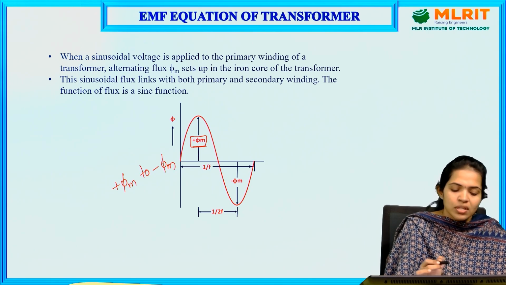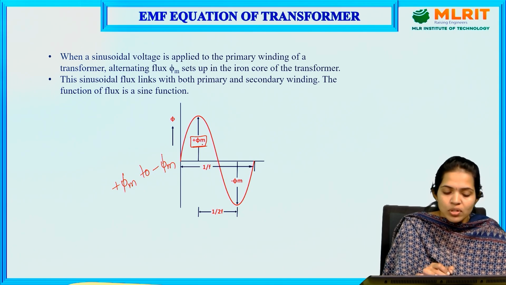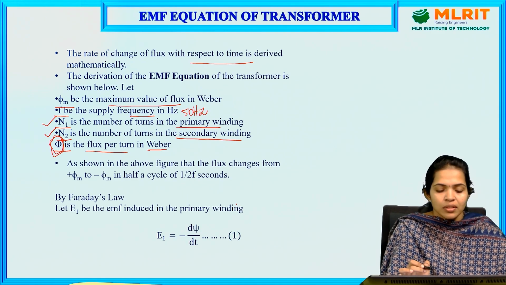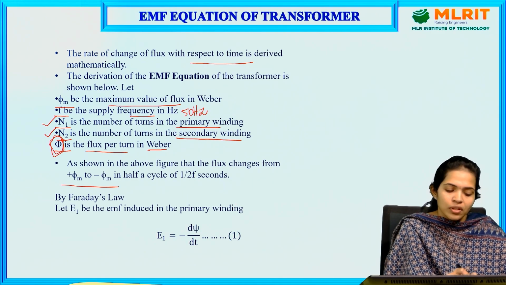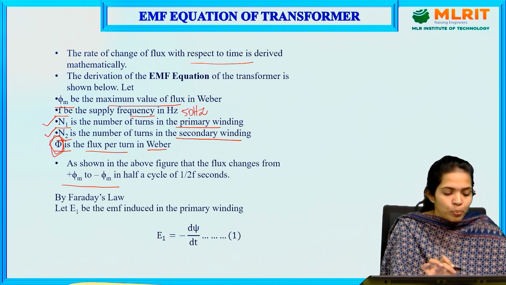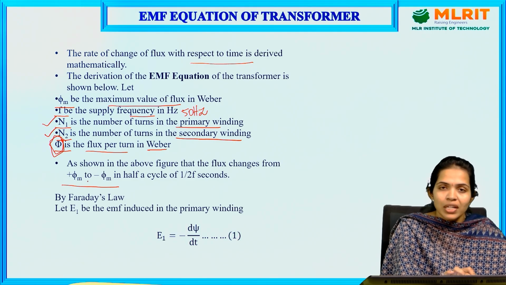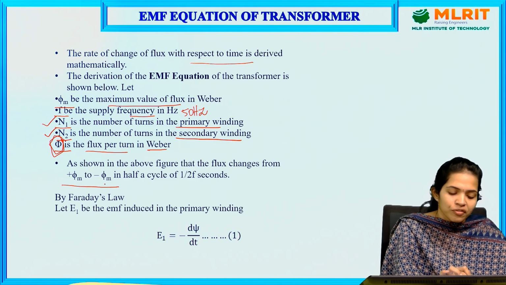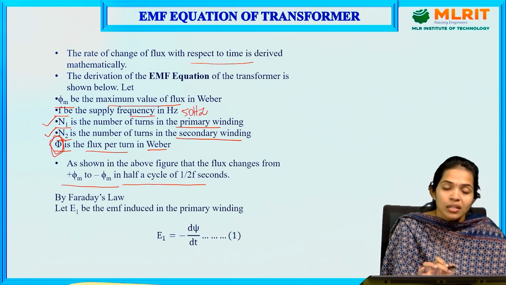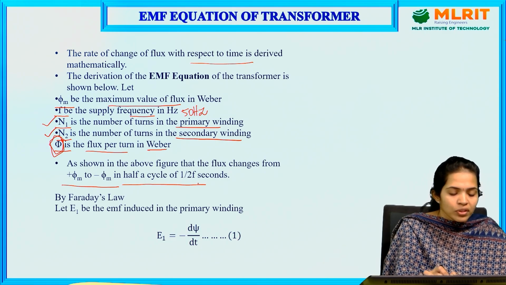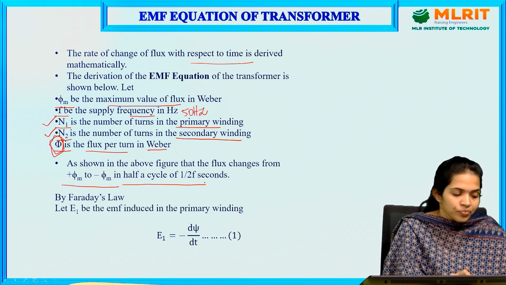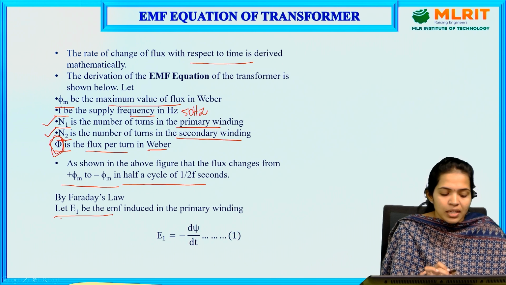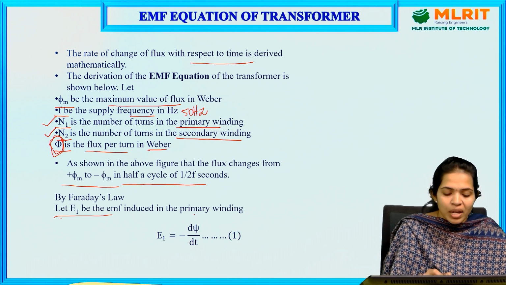So it reaches maximum peak values in both the positive cycle and the negative cycle. So the flux ranges from positive phi m to negative phi m in a half cycle, that is nothing but 1 by 2f of the supply frequency. So let us consider E1 be the induced EMF in the primary winding.